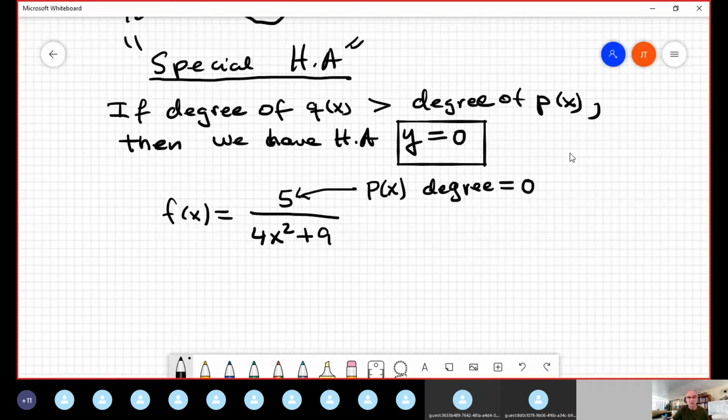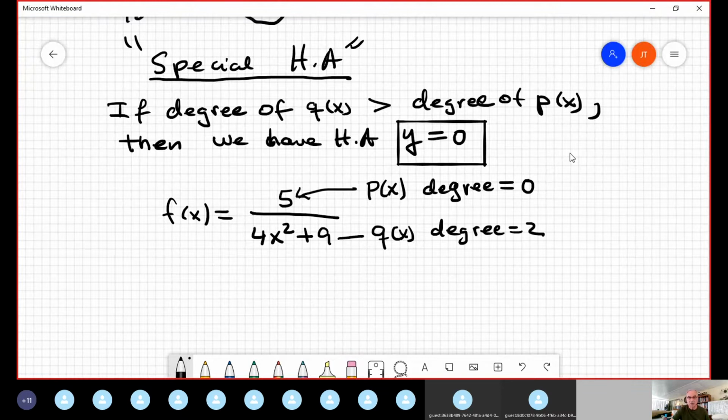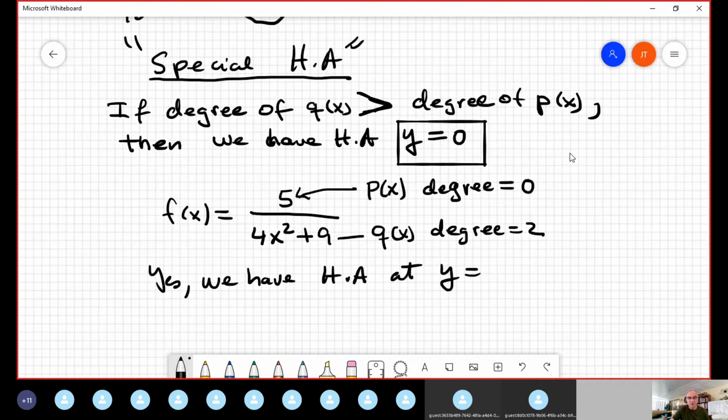X is missing, degree 0. And this is Q, degree 2. Then the degree of the bottom, Q, is greater than the degree of P. Therefore, yes, we have a horizontal asymptote at y equals 0 always. Let me try to understand why it is 0.